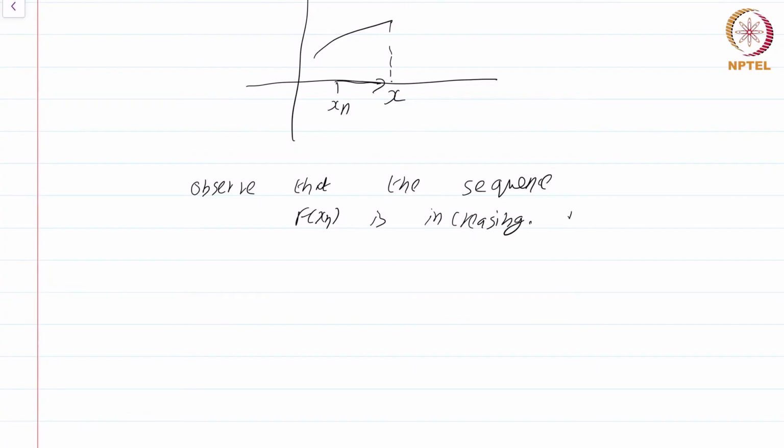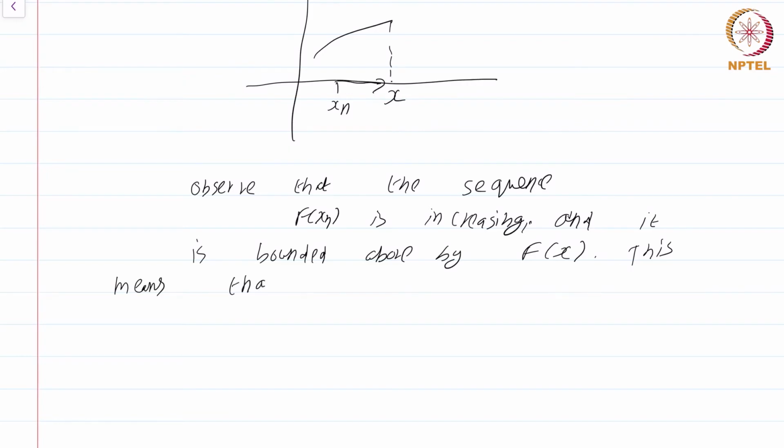So observe that the sequence f of x_n is increasing, and it is bounded above by f of x, right? Because the function f is an increasing function, the sequence f of x_n is bounded above by f of x. This means that f of x_n converges to some y.